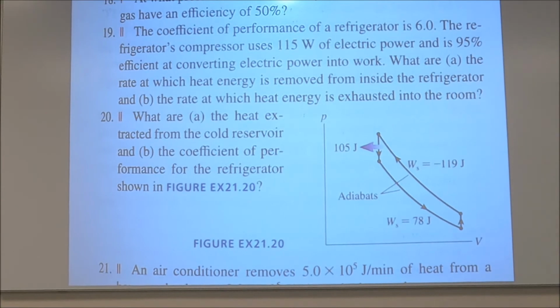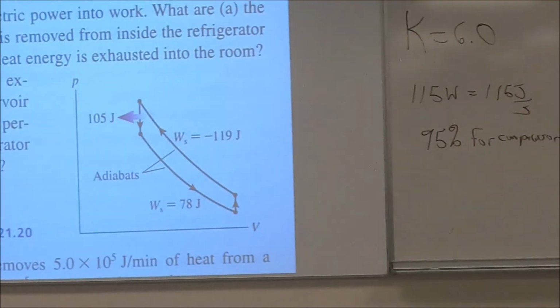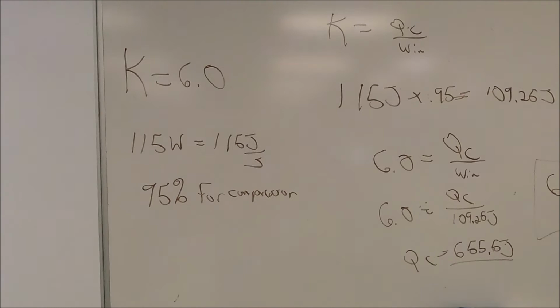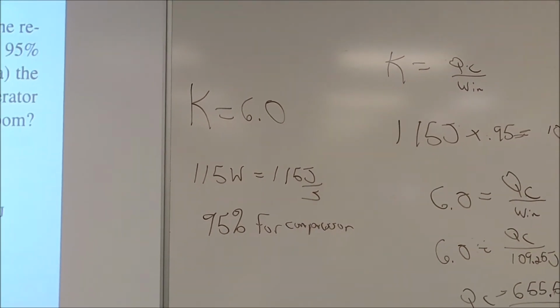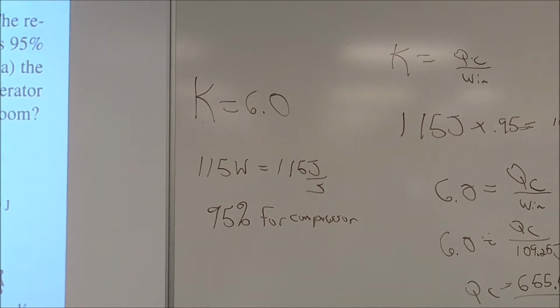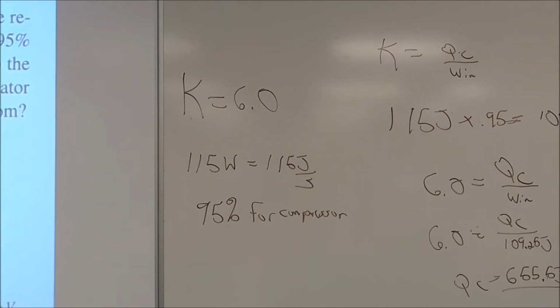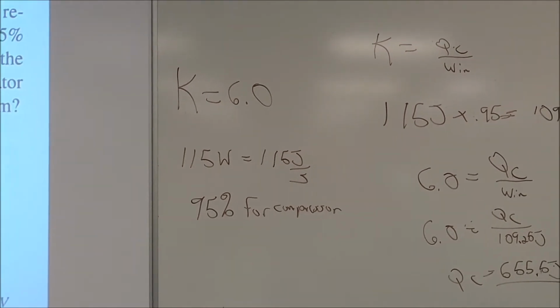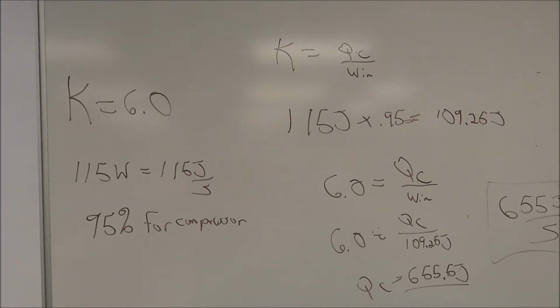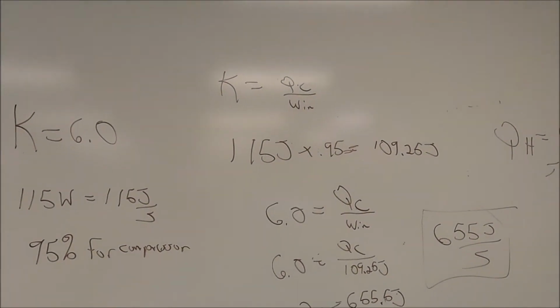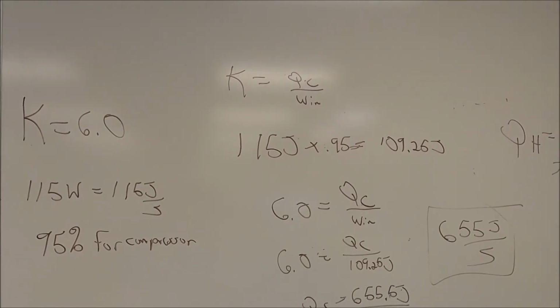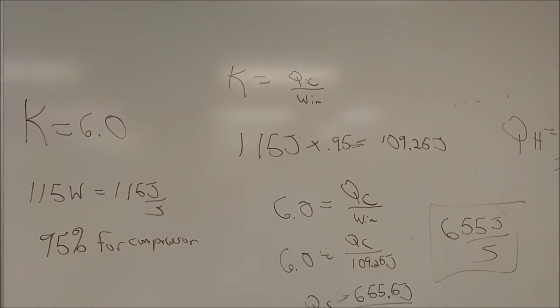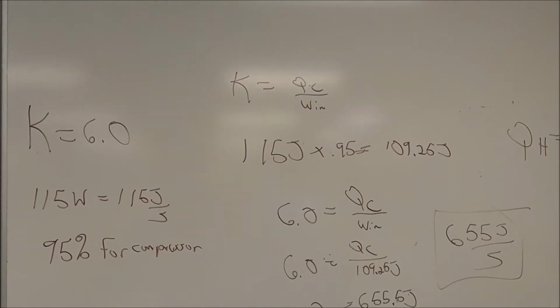Okay, guys, camera work here. Okay, so K is equal to 6. We were delivering 115 watts. So that's 115 joules per second, and that compressor is 95% efficient. So 115 joules times 0.95 gave me 109.25 joules. Your book's going to round that to 109.